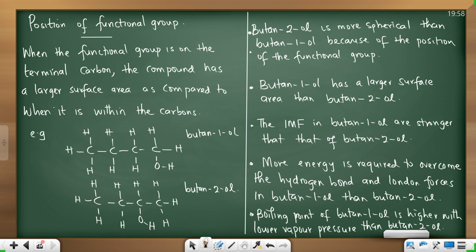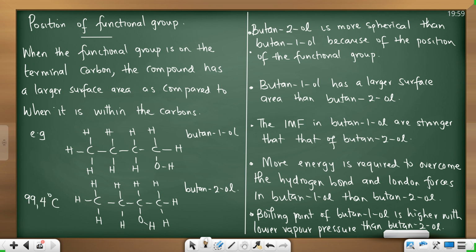Okay, let me just grab my phone and check. Oh, somebody has checked already. Great. Okay, thank you, Vernusha. Mohammed also checked. Nalidi also checked. Butane 2-ol, 99.4. Check that. 99.4 degrees Celsius.